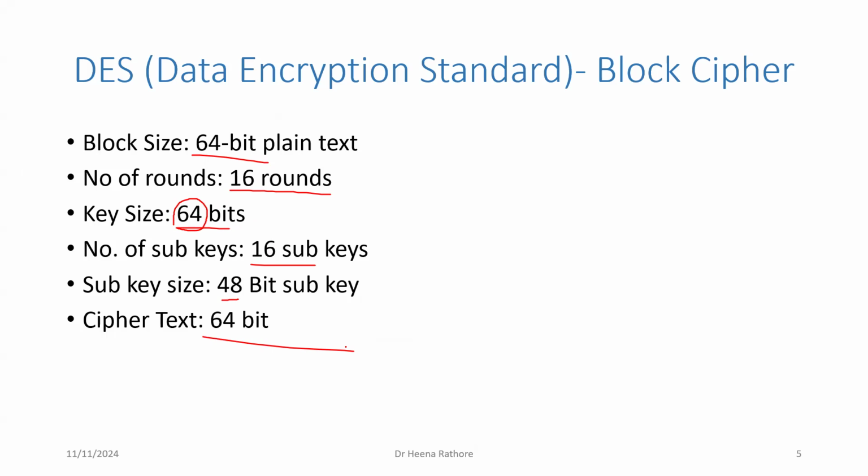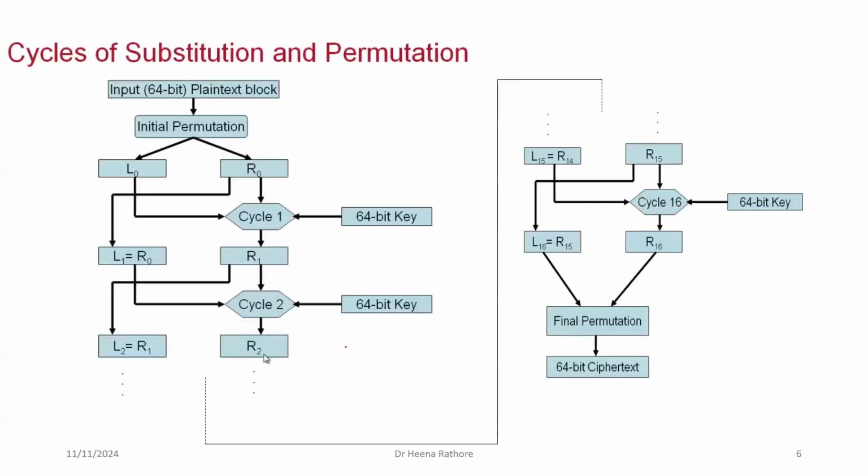So data encryption standard, first of all, is a block cipher technique which can process 64 bits together. Hill cipher was able to process 2 characters together. Playfair, 2 characters together. This one can process 64 bits together. And how exactly it does this is very similar to the Feistel cipher structure. As I explained, in the Feistel cipher structure you take your plain text, which is 64-bit. Initially, you do some kind of initial permutation.